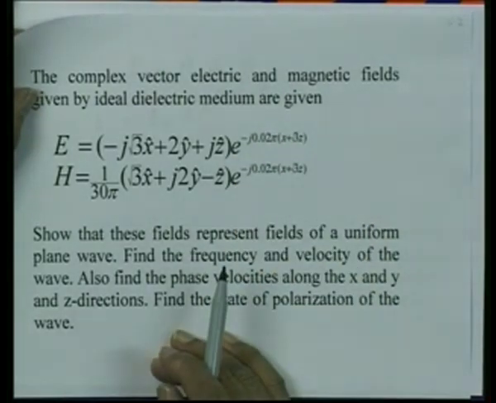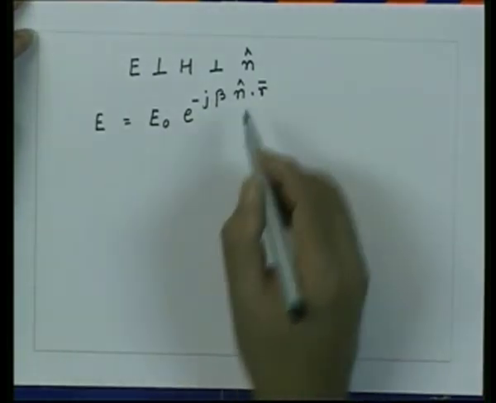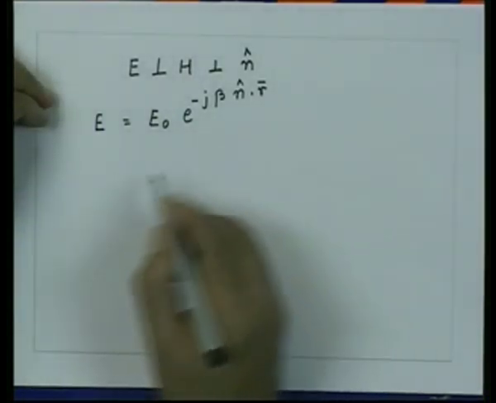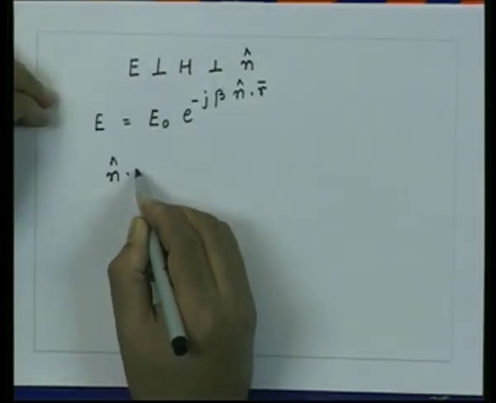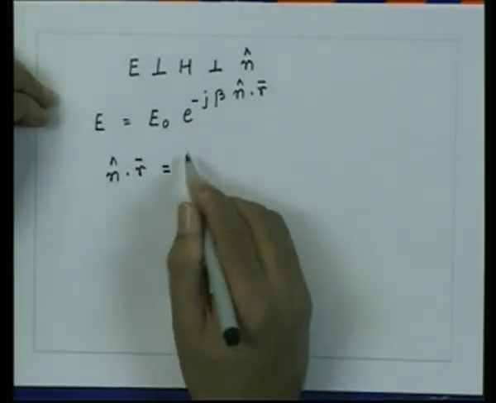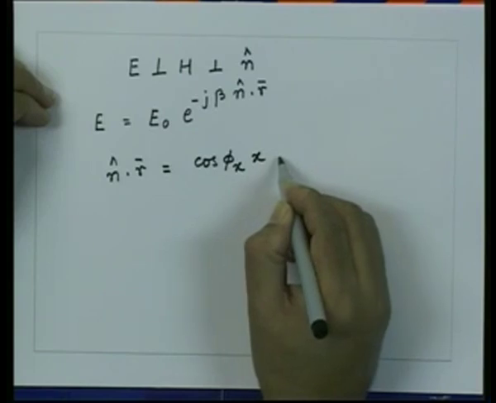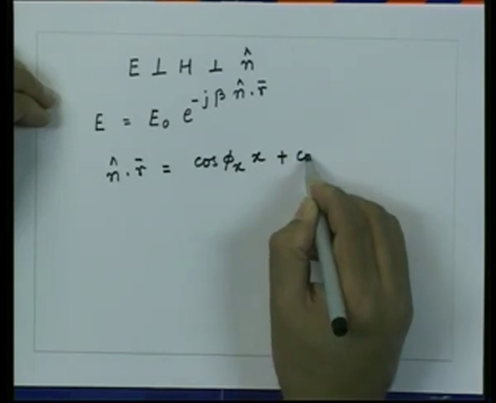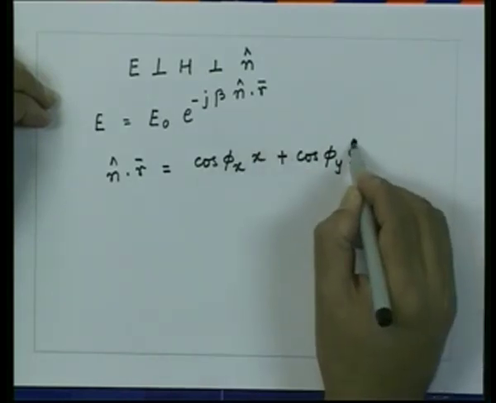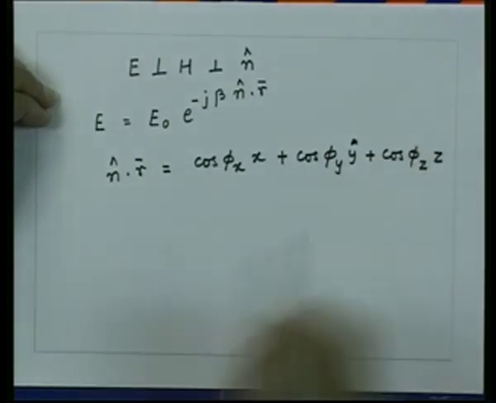Essentially n dot r is equal to cosine of phi x into x plus cosine of phi y into y plus cosine of phi z into z.